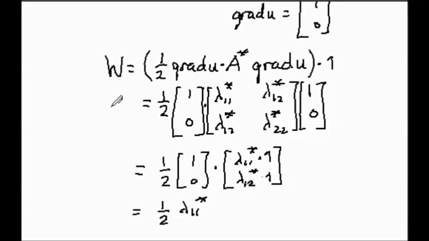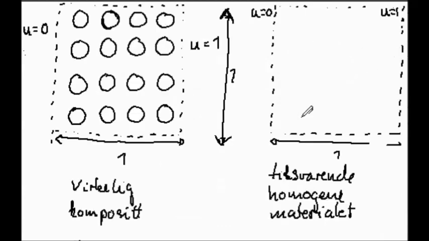So computing this energy, which should be equal for both the homogeneous material and for the real composite material, we are able to find the effective parameter lambda 11 star just by multiplying the energy by 2. So lambda 11 star is just equal to 2 times the thermal energy.